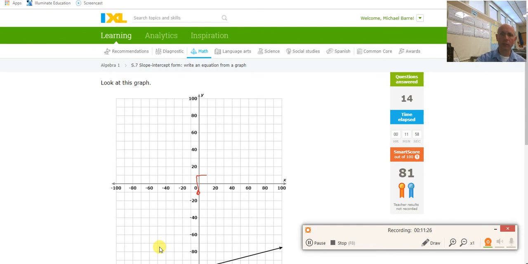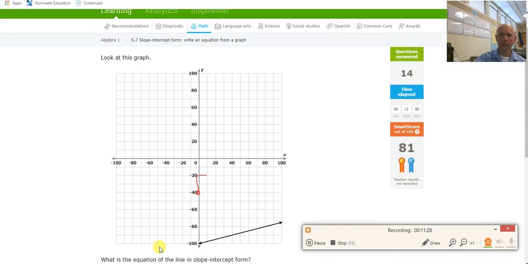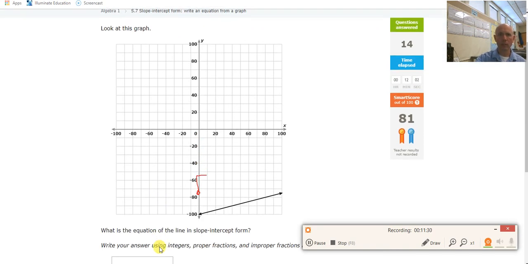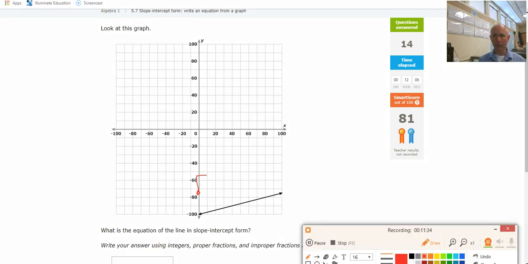I'll do this one just because the scale's different, but it's going up by tens. It's the same idea, it's just going up by tens. So, I don't know, do I have an intercept right there at -100? And a slope of up 10 and over 40?